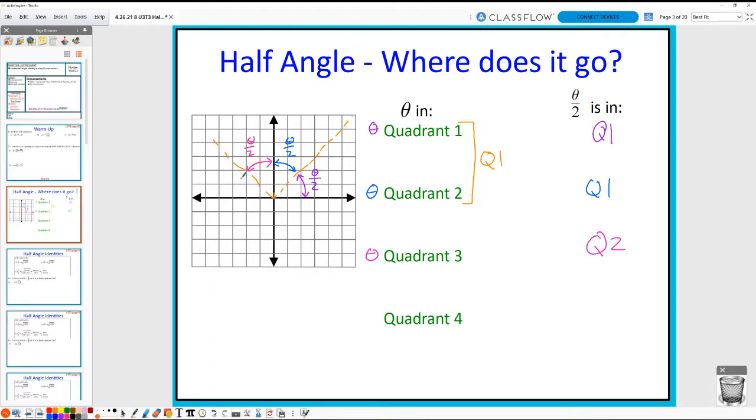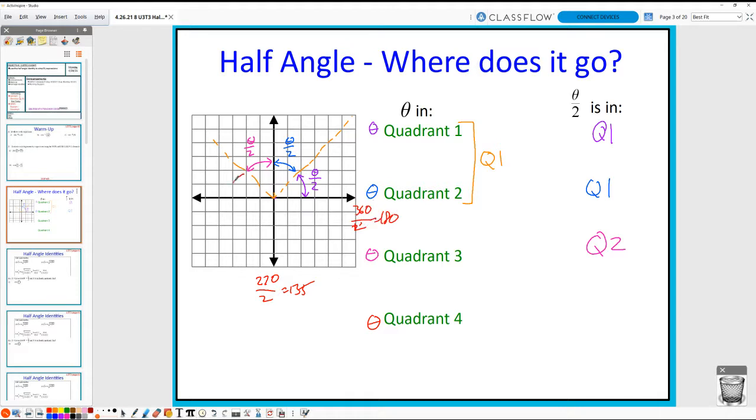So you can probably guess that if my angle started off in quadrant 4, it's also going to end up in quadrant 2. And we can show that because, again, 270, if I divide this by 2, this is 135. This is all the way around, 360. If I divide this by 2, I get 180, right?